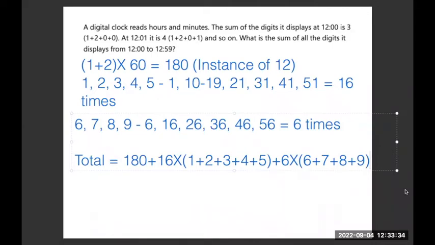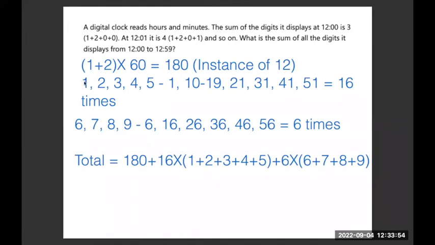Any doubt? Second step, could you explain that? The second step. Okay. Yes. So why this one, 6 into 6 plus 7 plus that one? Not that one. Yeah. 1, 2, 3, 4, 5.